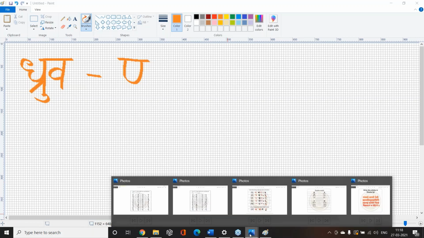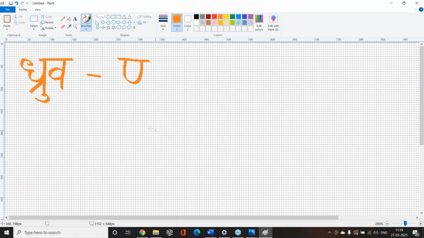Okay, so this ra, we know the ra is written like this, and now this u will take a formation something like this. It won't be written as per the usual rule. We write like this. This is how the matra u is written. But when it comes along with the matra ra, this is how it is written.